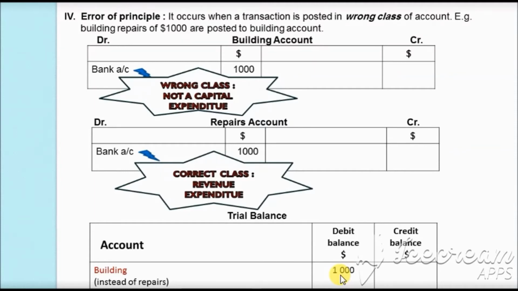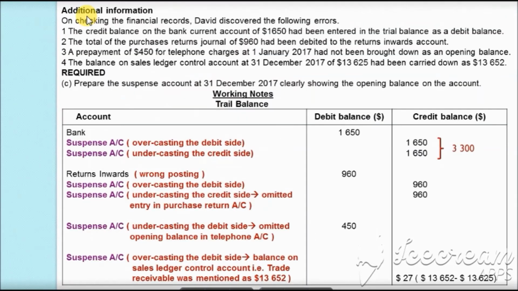So when we tally the trial balance at the end, we will get the right balance of the debit and the credit, and both of them will be tallied. However, we have mentioned the name of account as buildings instead of repairs, which is wrong, and because of this there is an error of principal which will not be revealed when we make the trial balance. Furthermore, additional information is provided.